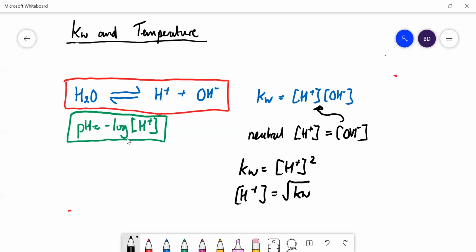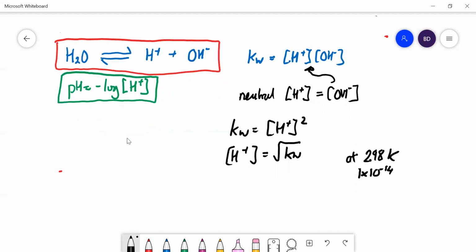Now at 298 Kelvin, 25 degrees C, Kw is exactly 1 times 10 to the minus 14. So the H+ concentration is the square root of 1 times 10 to the minus 14, which is 1 times 10 to the minus 7.